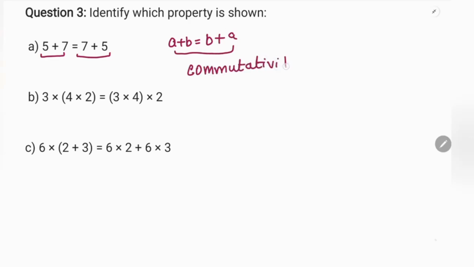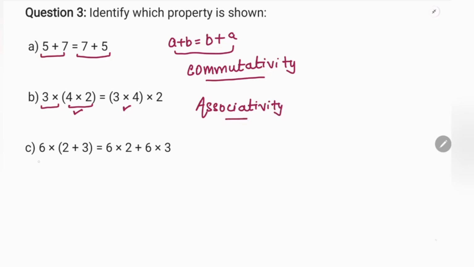Now 3 multiply 4 multiply 2, where you multiplied 4 and 2 first here and here you multiplied 3 and 4 first. Answer will be same. This property is associativity on multiplication.